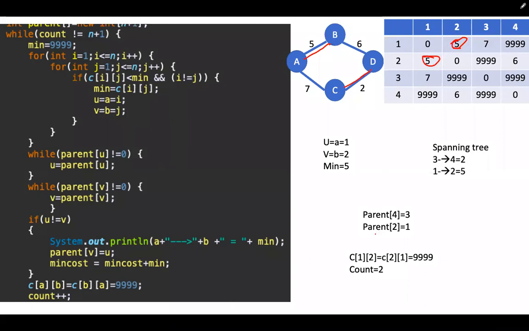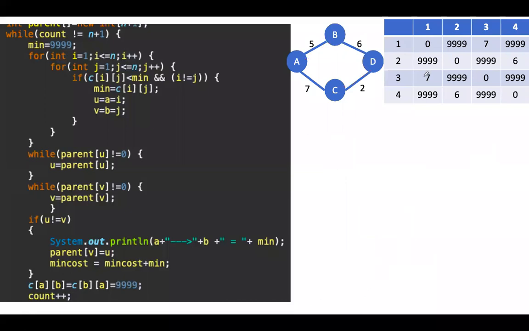Is it clear? We'll update it to 999 and count will increment to 2. Count is incremented by 1. Is it clear? So after the second round of iteration, the matrix will become like this. Okay, this also became 999. This also became 999.